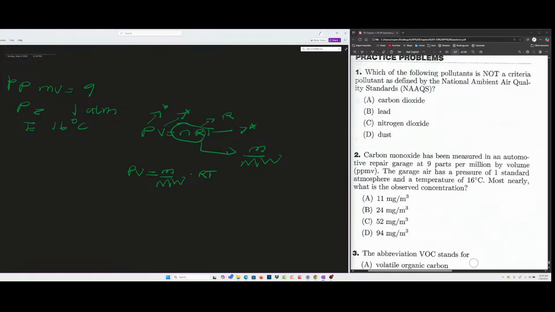Now we already have this formula. What are we looking for? We're looking for M right here, which is the observed concentration.